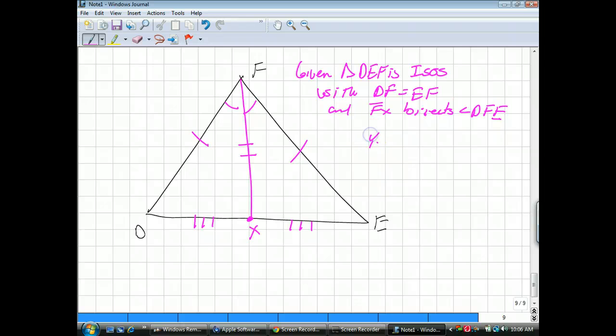So, yes, FX is a median of triangle DFE. Would the altitude drawn from F to DE be the same as FX? And yes, it would. Okay. All right.